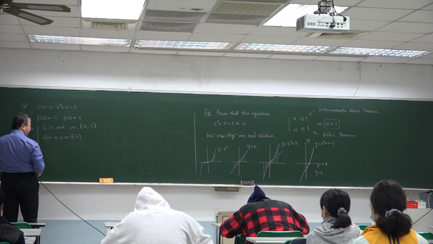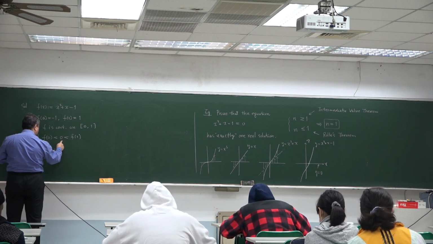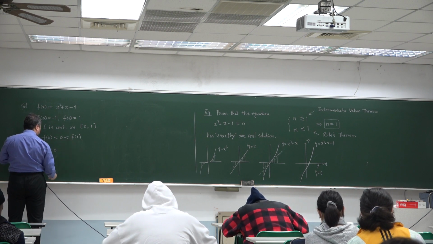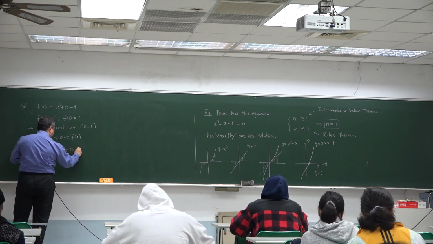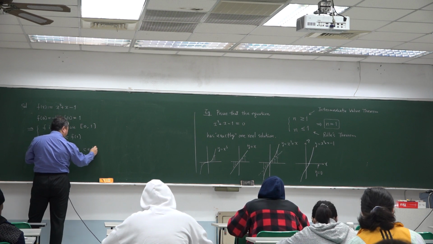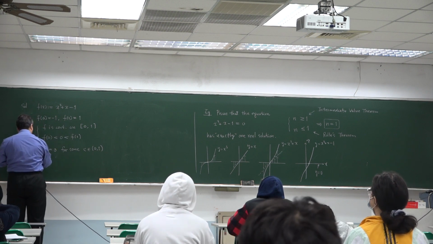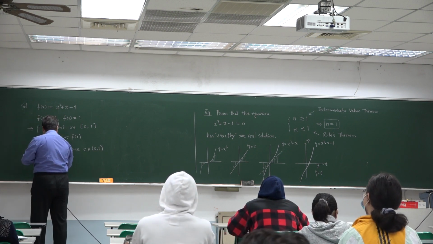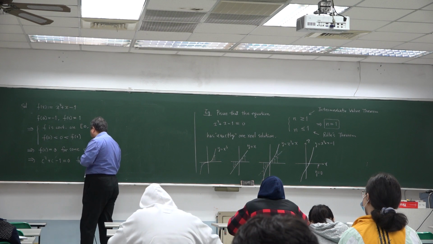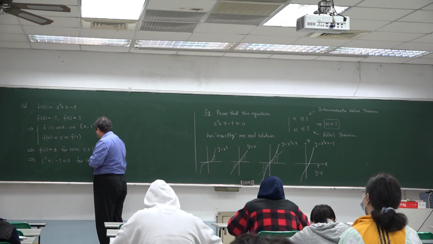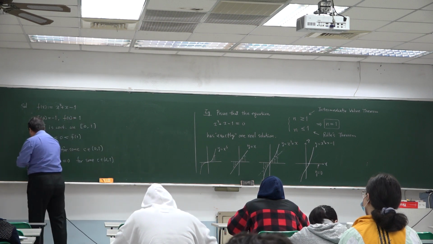So by the intermediate value theorem, f of c equals 0, which means c cubed plus c minus 1 equals 0. This number c can be found, for some c in the open interval (0, 1).